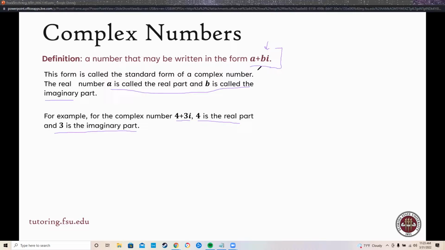There is also a similar definition for a complex number. There's actually a few definitions for a complex number. We could have r e to the i theta, which is then equal to r cosine theta plus i sine theta.